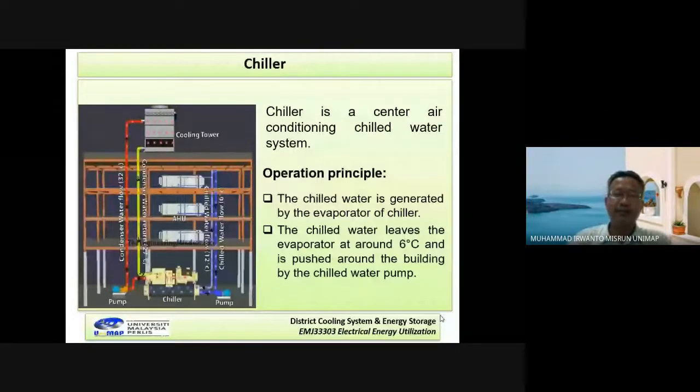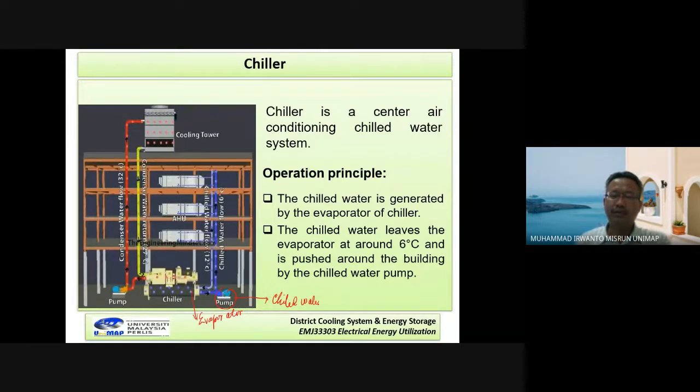Before, I explained that the main components consist of, first, the evaporator, and then there is a pump near this evaporator, which we can call the chilled water pump.